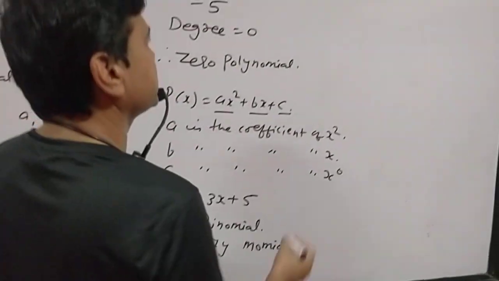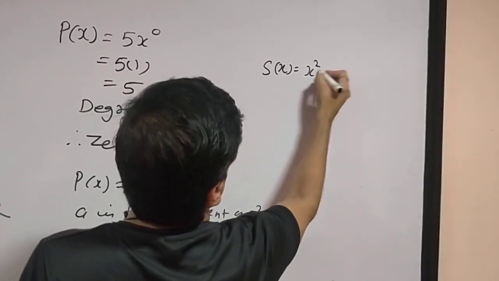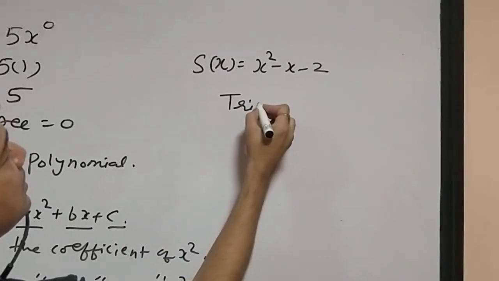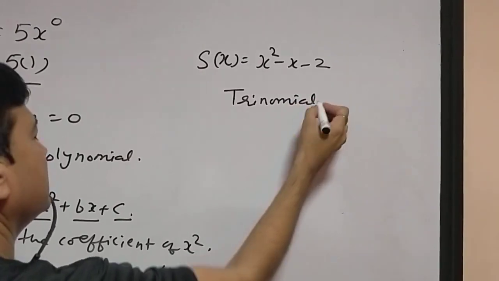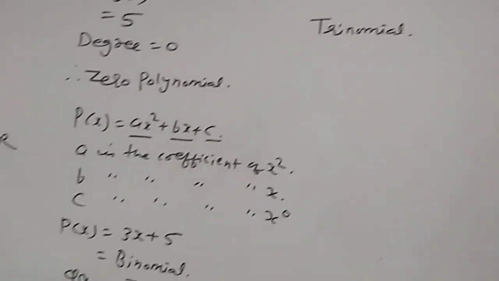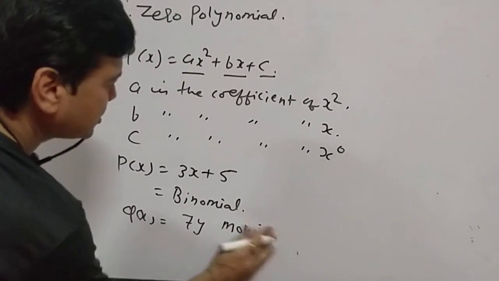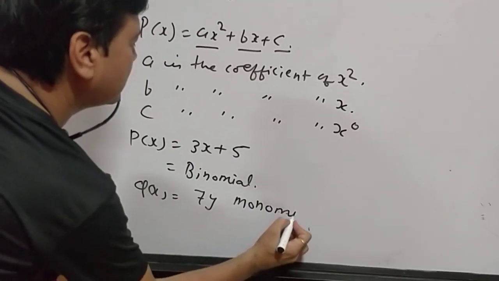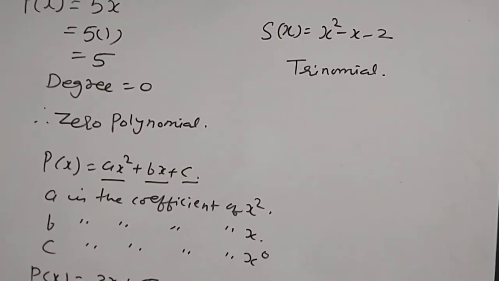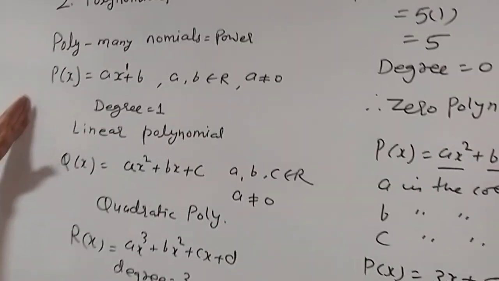And if there are 3 terms, it is called a trinomial. Clear? If only 1 term is there, that is called a monomial. 2 terms are there, that is called a binomial. 3 terms are given, that is called a trinomial.